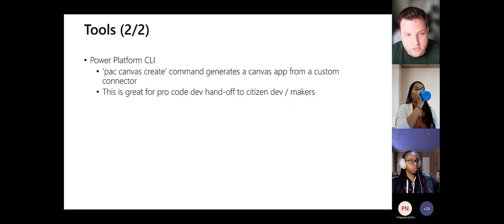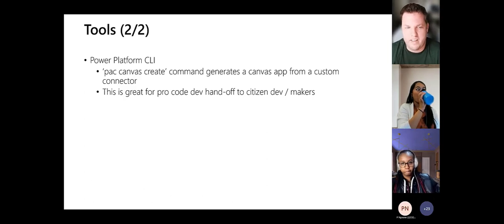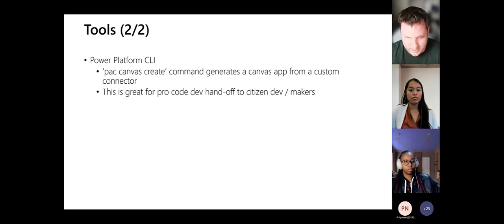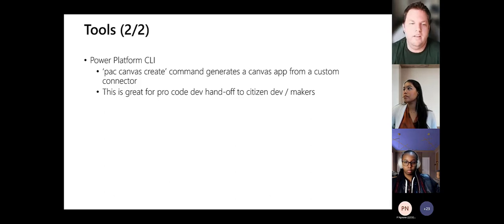And then there's also the Power Platform CLI, and recently they added the pac canvas create command, and that's a really cool command because it generates a canvas app from a custom connector, and that can be really helpful to show that to your citizen devs or your makers that are going to use your connector.